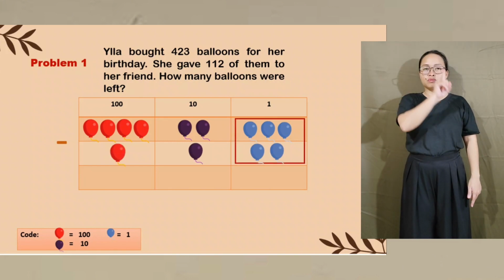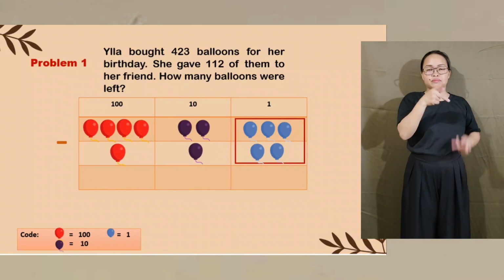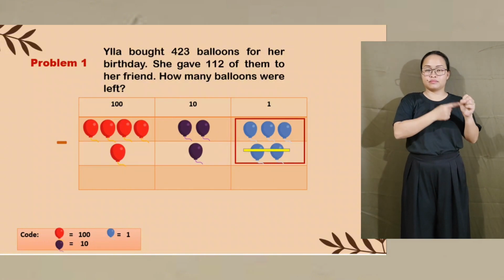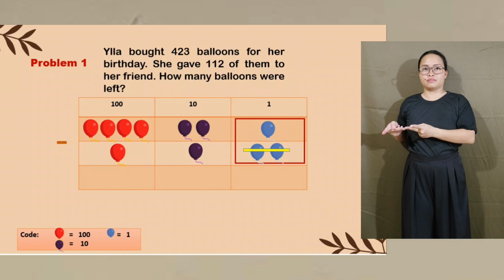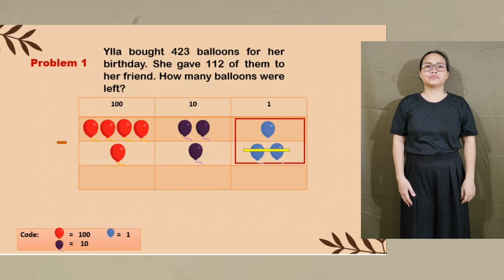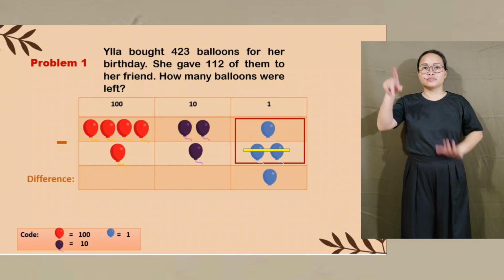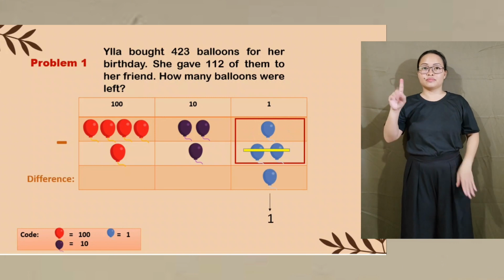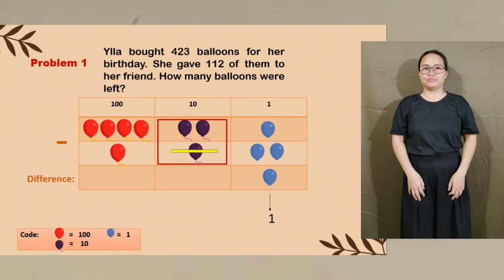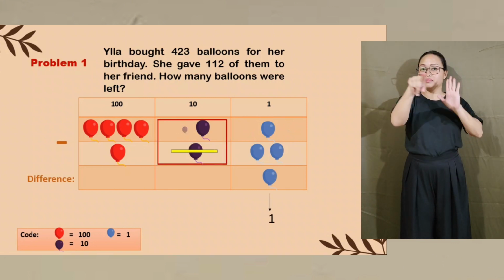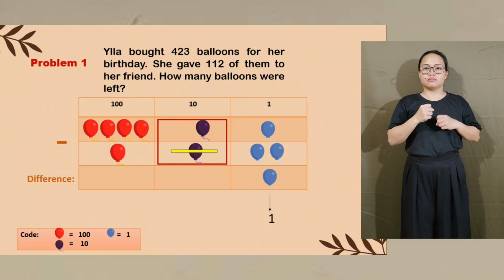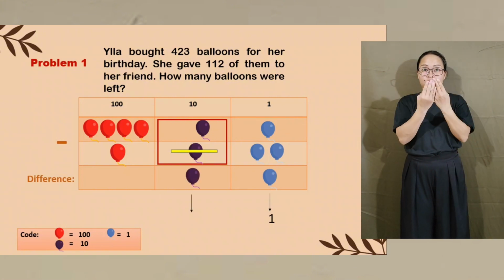Now let's start subtracting in ones place. 3 minus 2. Let's take away 2 from 3. We are left with 1 balloon. Next, 2 minus 1. Let's take away 1 balloon, so we are left with 1.